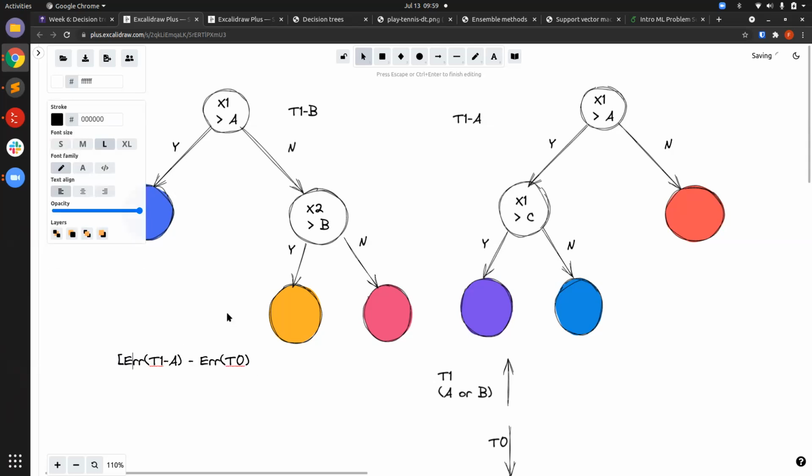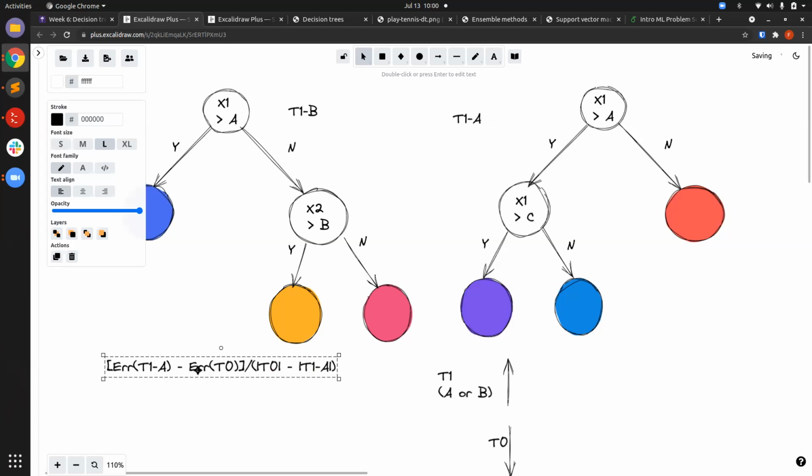But I'm also going to consider the size of the trees. So I'm going to divide that by, let's say, the size of tree 0 minus the size of tree 1. Okay, so I'm going to compute this quantity.